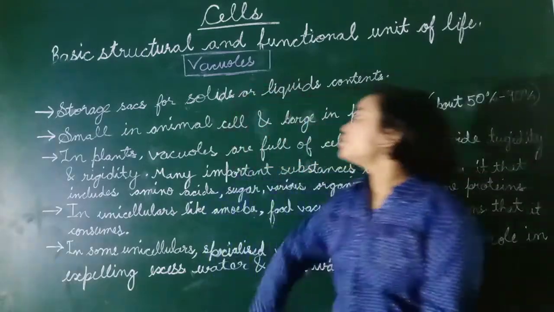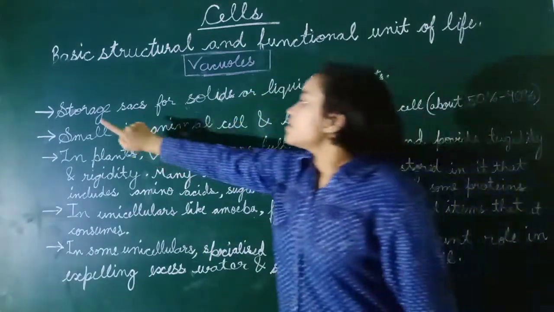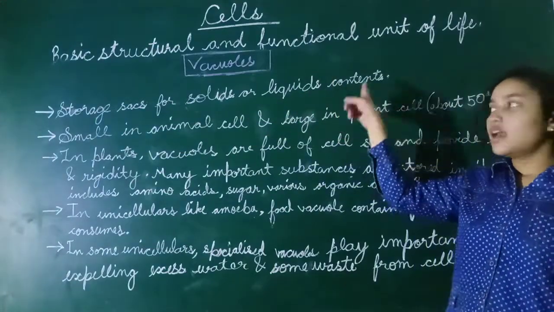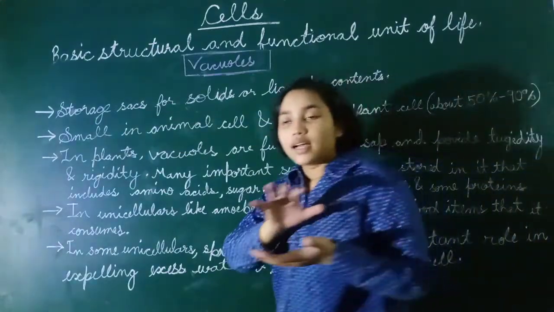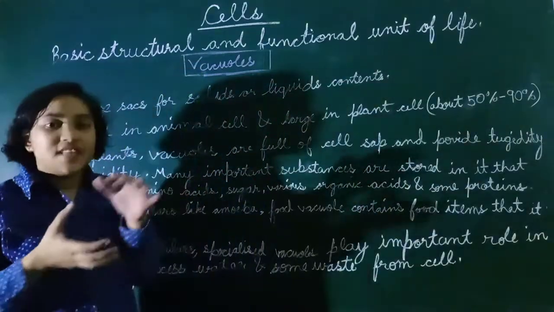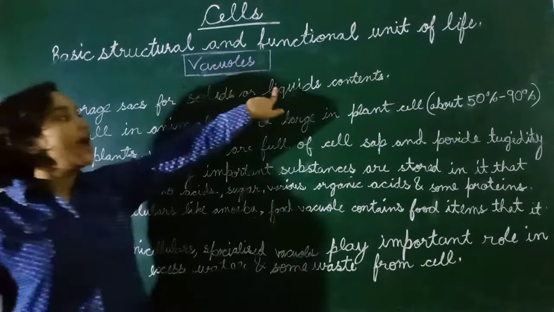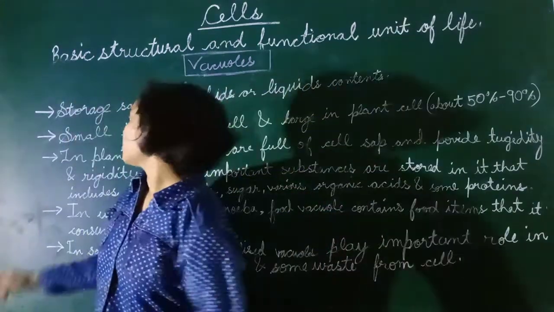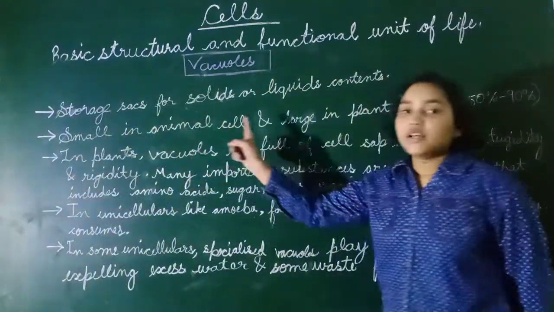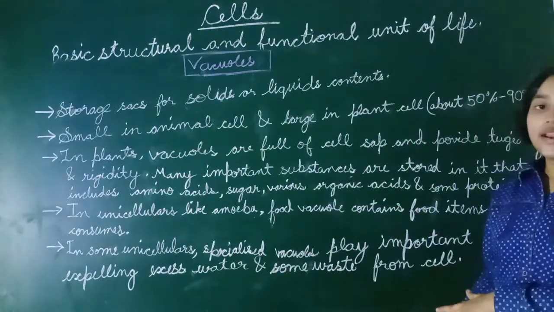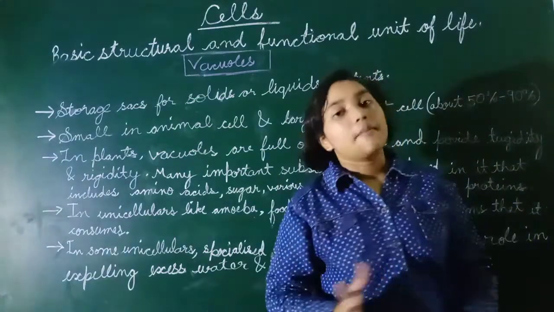Now we will come to the vacuoles. They are storage sacs for solid and liquid contents. Vacuoles are small in animal cells, whereas they are large in plant cells.